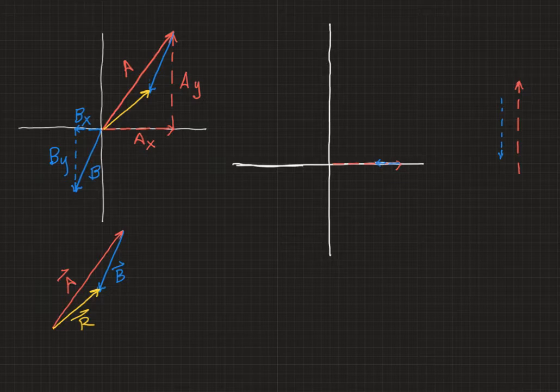Okay? And now let's add the y components. So here I'm taking my y component of A, I'm laying the tail of this vector to the tip of the one I just laid down. And now I'm going to take the y component, B sub y, and put it on the tip here.